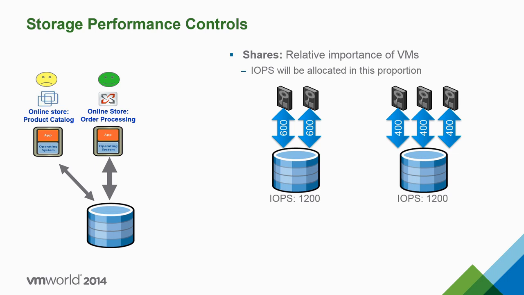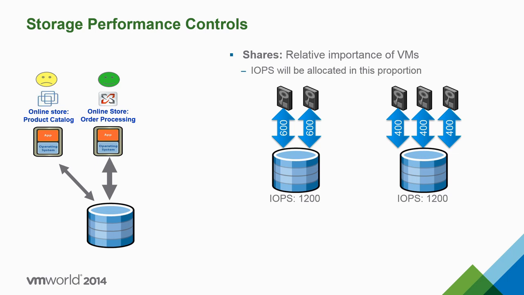So for example, on the right, you see that the 1200 IOPS is being divided by 2 VMDKs, which have equal shares of 600 each. The problem with shares is that as you add more VMDKs, there's a kind of dilution of performance. On the left, for example, you add a third VMDK.